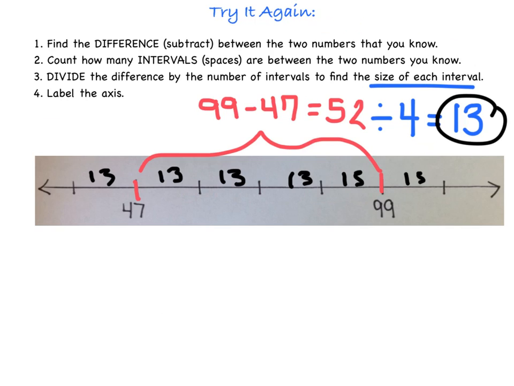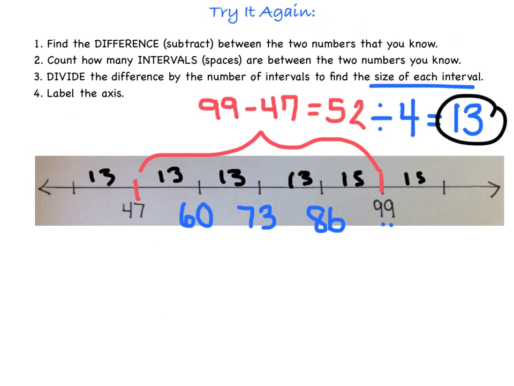Now, you don't need to label that on every graph that you do. I just put it there so you can see where all these numbers kind of fit in here. Okay, so if this one right here is 47, then to get my next one, I have to add 13 onto it. 47 plus 13 is 60. 60 plus 13 is 73. 73 plus 13 is 86. 86 plus 13 is 99, which we already have.